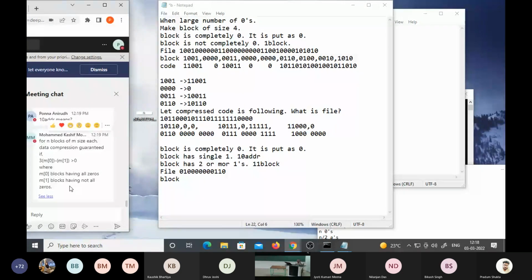No, Asim, it is not clear to me what you are writing. Okay, maybe we can discuss it over mail. Now, these shall make a block size.